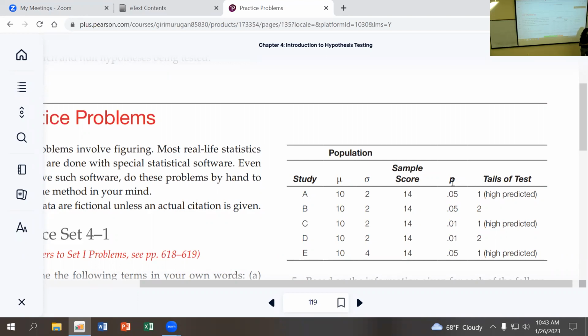Do keep in mind, P value and alpha are not the same. P value is an estimate of alpha. In social sciences, I've seen this in some articles. People would always write it as P less than 0.05. What they are referring to is that the P value is less than 0.05.